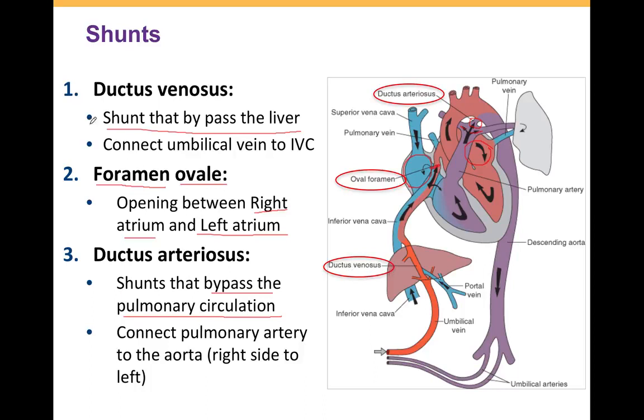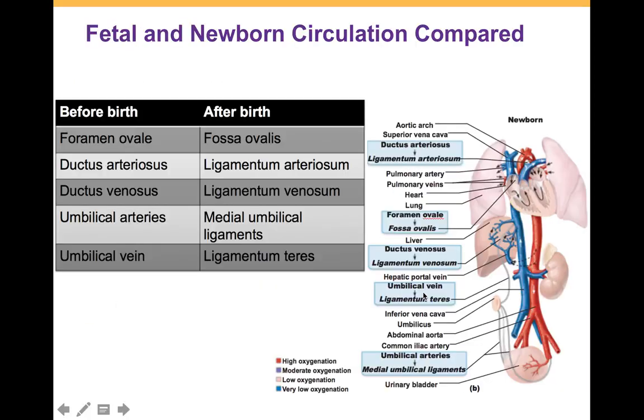Ductus venosus, again, is connecting the blood that is coming from the mother through the umbilical vein directly into the inferior vena cava, or IVC. So here is the umbilical vein in red. What you see in blue is the inferior vena cava. So you merge them together and you bypass the liver. So the liver is basically not doing any of those functions.